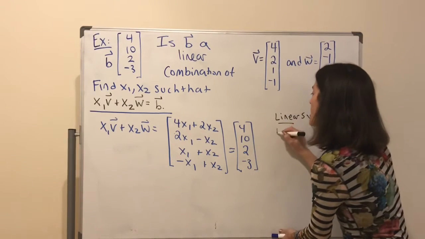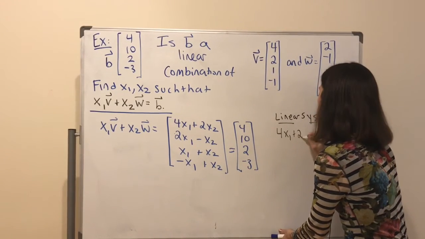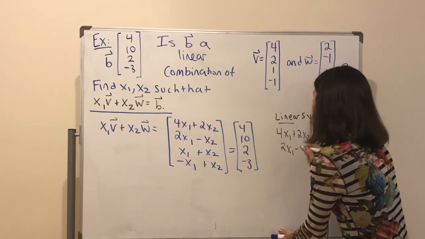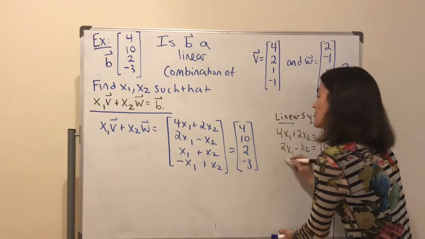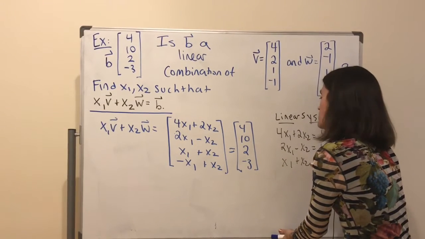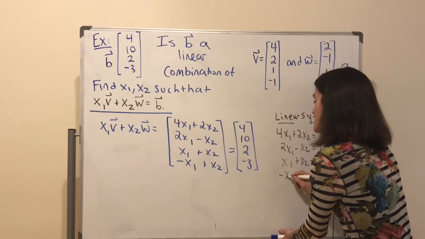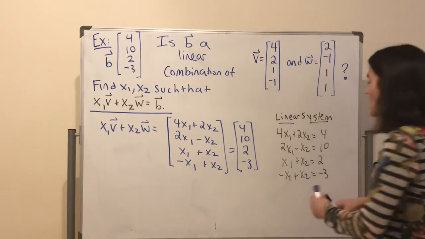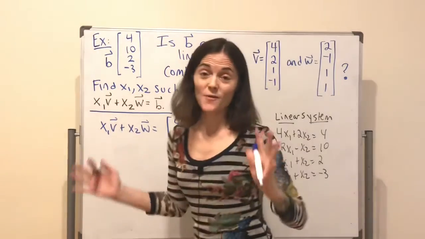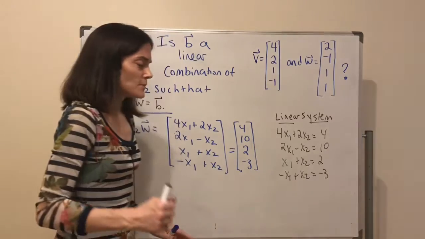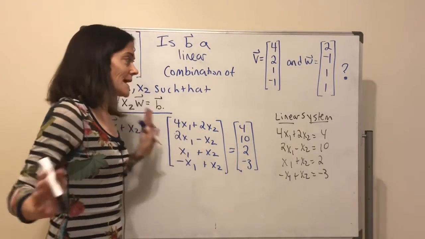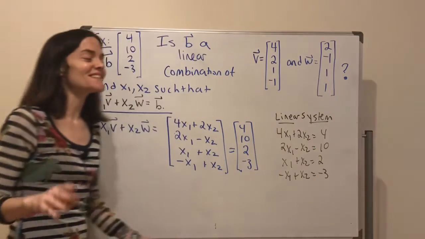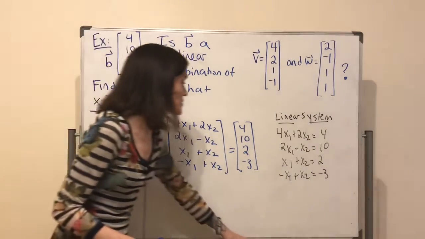So 4x1 plus 2x2 is 4, 2x1 minus x2 is 10, x1 plus x2 is 2, and finally minus x1 plus x2 is negative 3. This is a linear system, just like the ones we solved in the first two videos. And this is how I will go about doing this one.